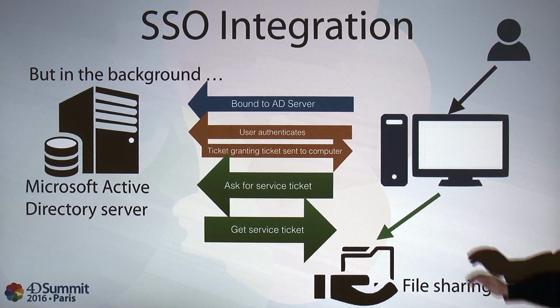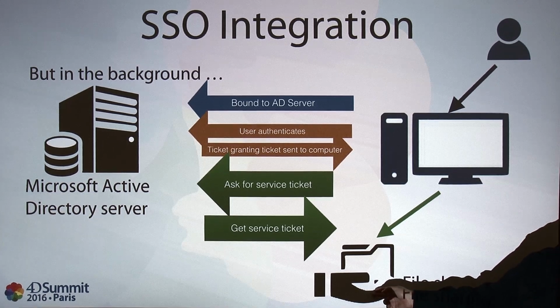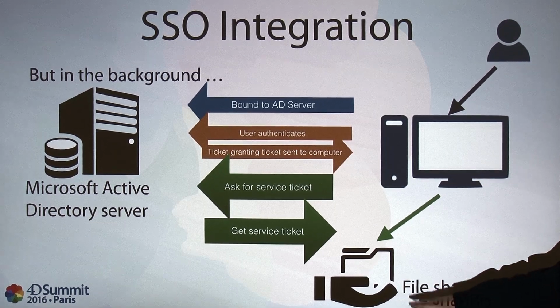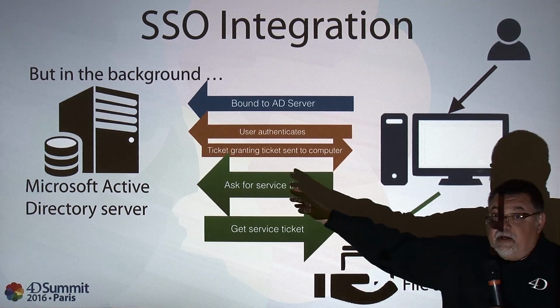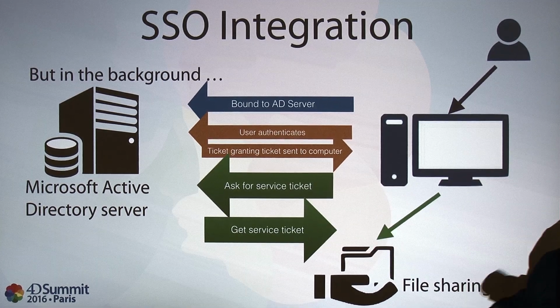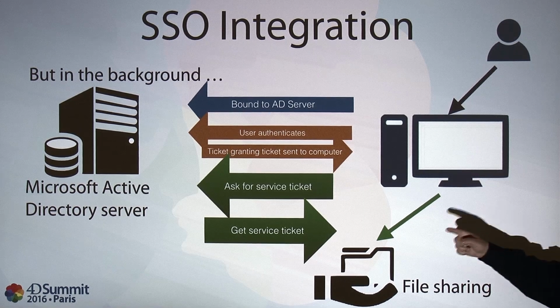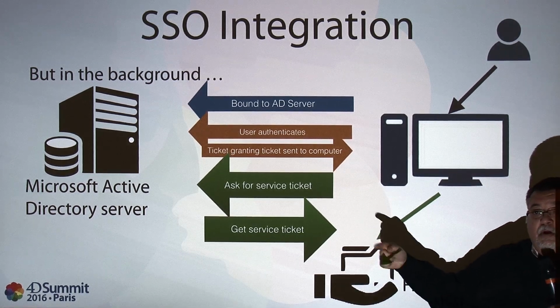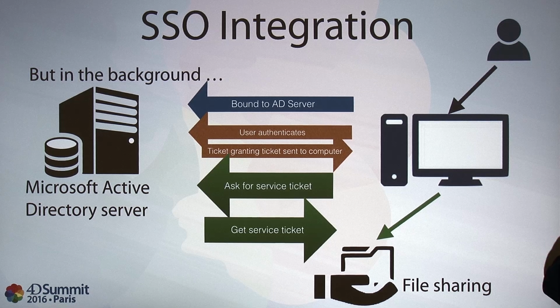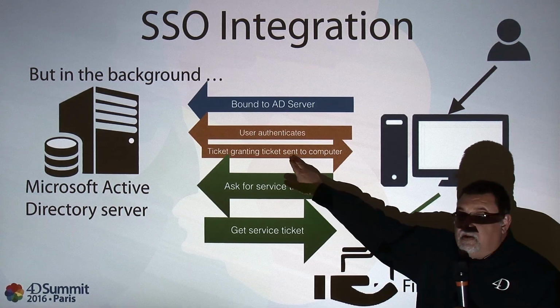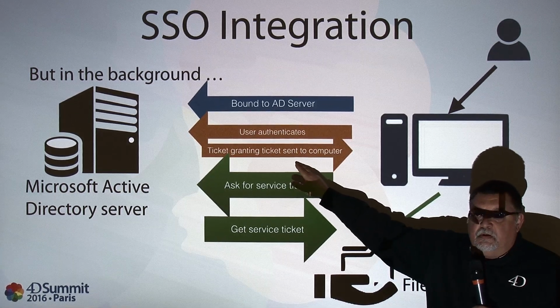And what happens now? The computer just connects directly to the file server. So there is no communication between the file server and Microsoft Active Directory. While the user is connected, there is communication all the time, every 5 minutes. It's also very important that this ticket granting ticket is valid for 5 minutes only.